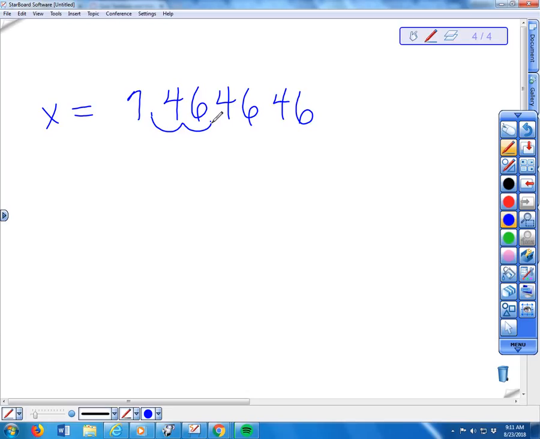If I multiply the number by 10, how many times does the decimal move? 1. By 100? 2. By 1,000? 3. So it's all factors of 10. Every factor of 10 moves it over 1, right? So I moved it over twice, so that's 100 times my original number, and that equals 746.464646, and so on.